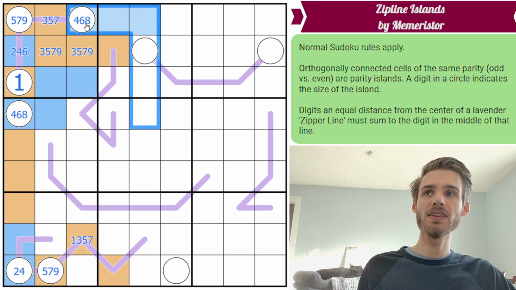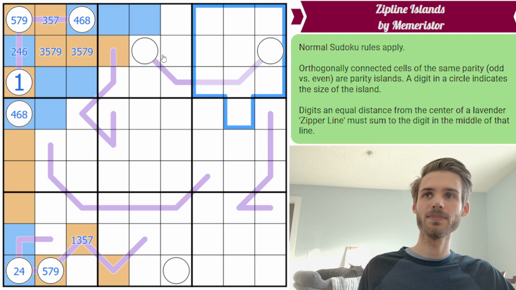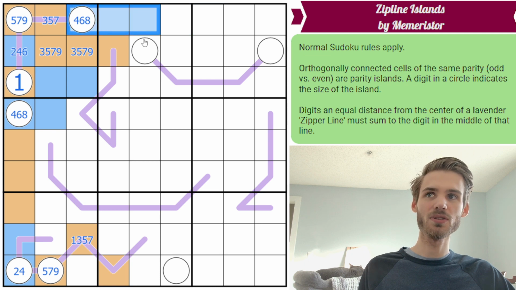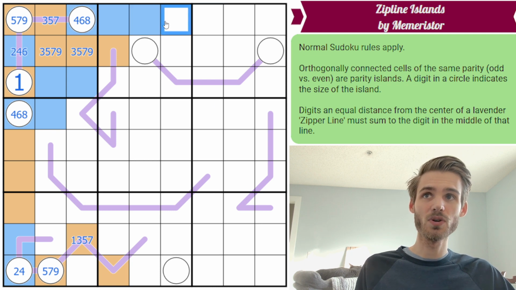So the only way we can get out of this box is through box 3. So let's consider how we get out through box 3. We can't use this bridge because there's already 3 even digits in this row. If we put another even digit there, then these are all odd.